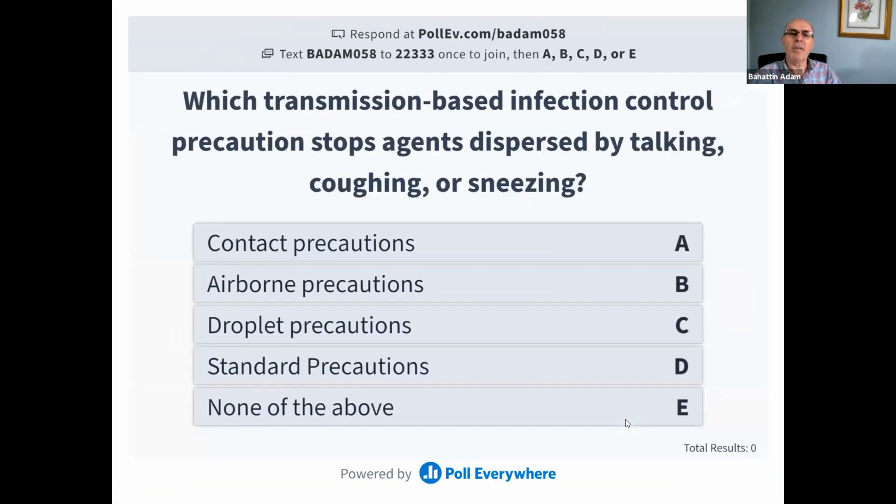Now it is your turn. Which transmission-based infection control precaution stops agents dispersed by talking, coughing, and sneezing?